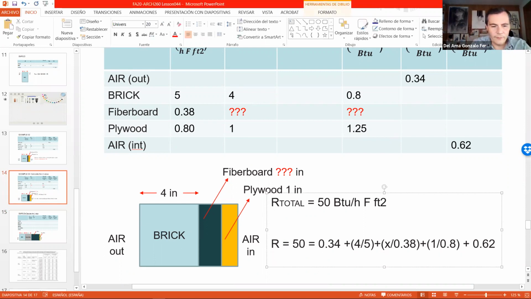So now we know that 50 minus 0.34 minus 4 divided by 5, it's 0.8.